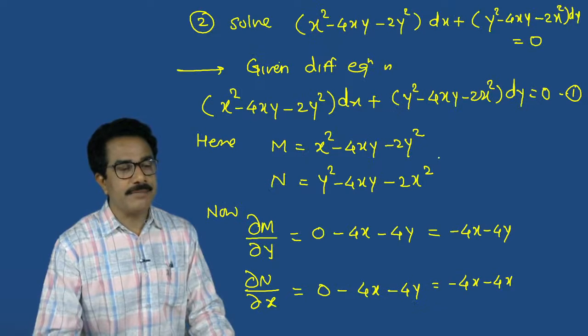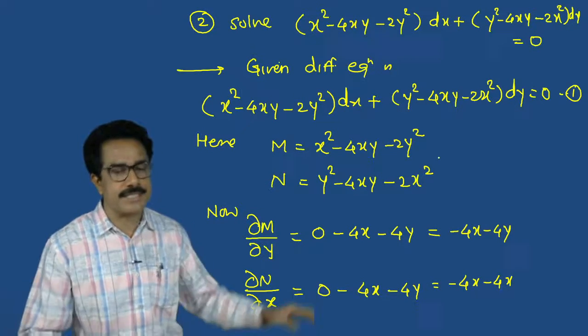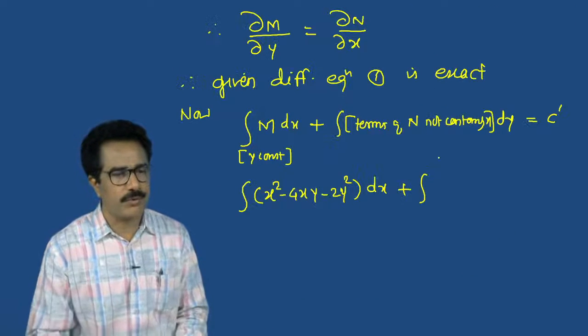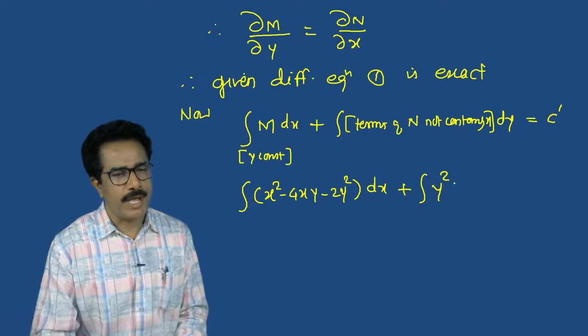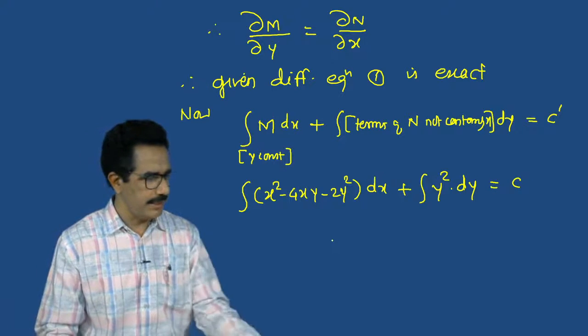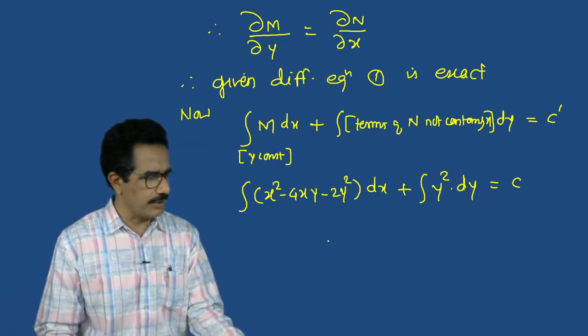N मधल्या टर्म x नसलेल्या घ्या. फक्त एकच आहे, that is y square. So we have to take y square into dy which is equals to c dash or we can take c. काही अडचण नाही, तुम्ही असंही घेऊ शकता.